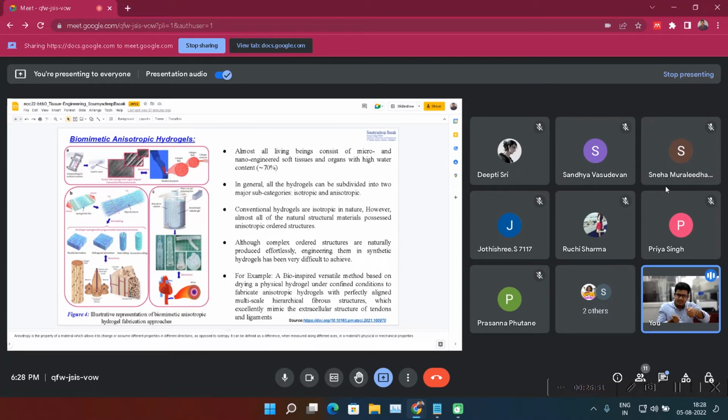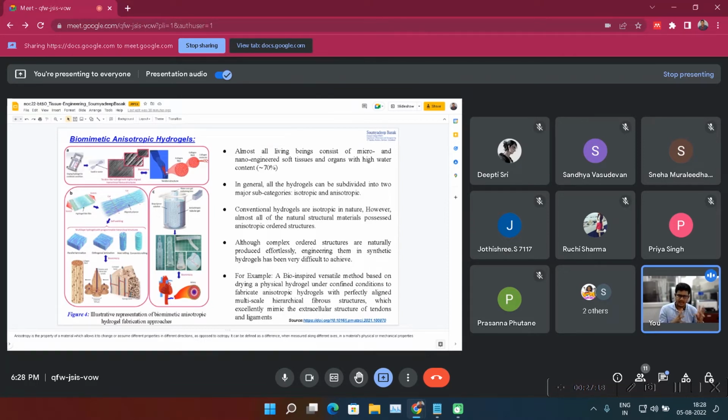They have used this anisotropy, layered it, or sometimes used it alone. As you can see, with orthogonal lamination, axial rolling, or concentric or counter-concentric rolling, depending upon the mechanism, they have used this anisotropy and formed various anisotropic hydrogel systems.